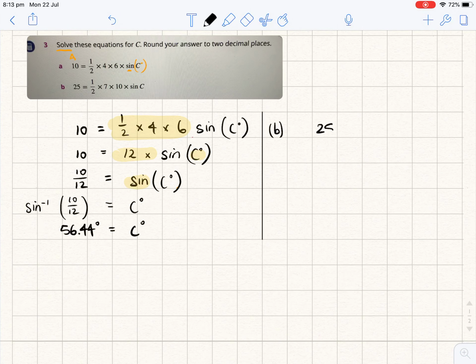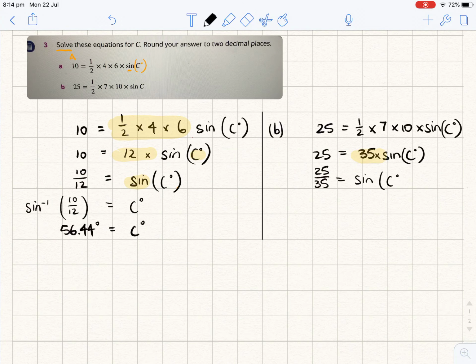Let's see that one more time with the second example here, part B. So I've got 25 equals a half times 7 times 10 times sine C. So now work out the easy bit. A half times 7 times 10 is 35. And it's times sine C equals 25. The opposite of timesing 35 is to divide by 35.